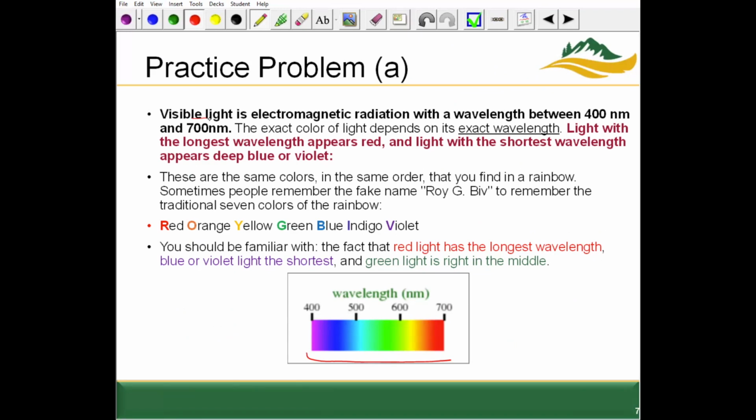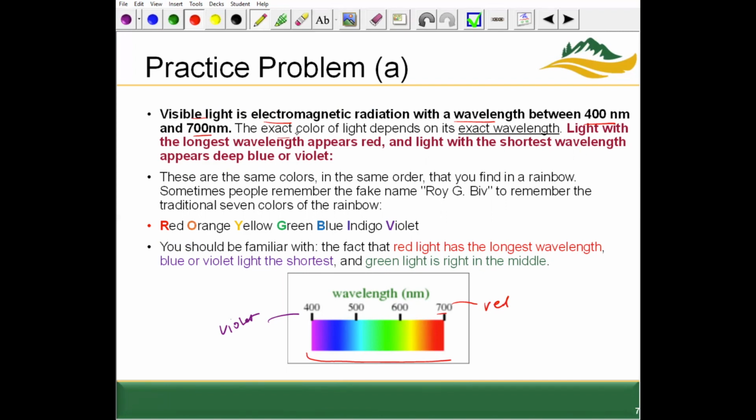Visible light is electromagnetic radiation with a wavelength between 400 nanometers and 700 nanometers. 400 nanometers is our violet color. A longer wavelength of 700 nanometers is our red color.